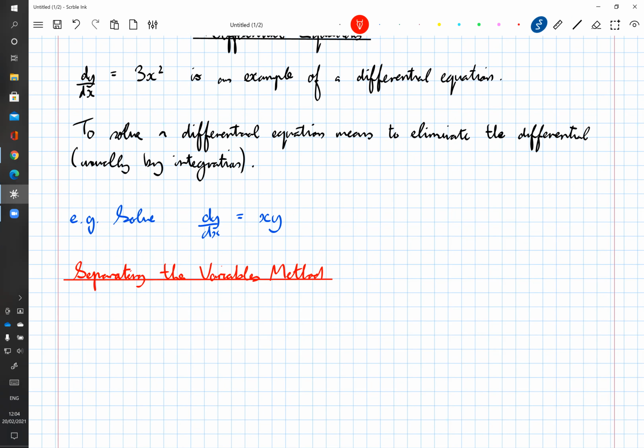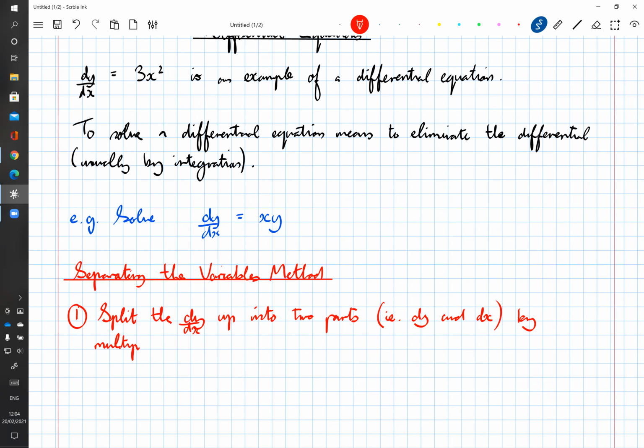So step 1, split the dy by dx up into 2 parts, i.e. dy and dx, by multiplying by dx, i.e. treat it as a fraction.